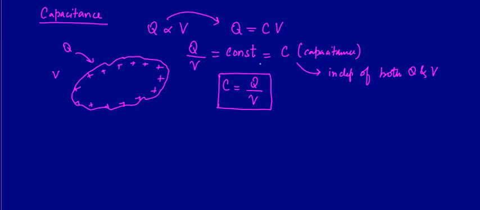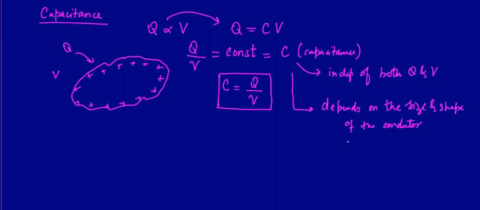Okay, what does this constant depend on? We have found that this capacitance depends on the size and shape of the conductor and the nature of the medium surrounding the conductor.